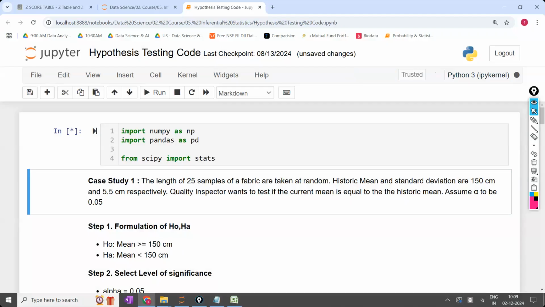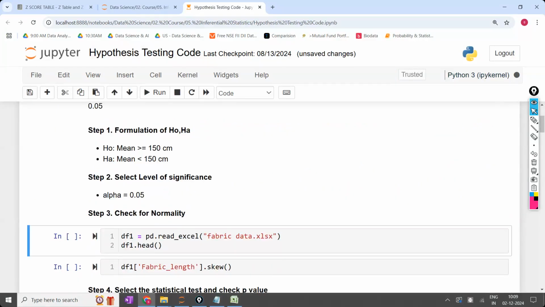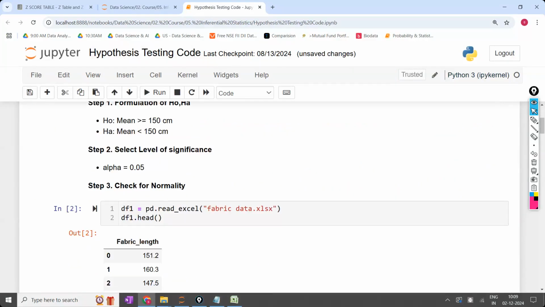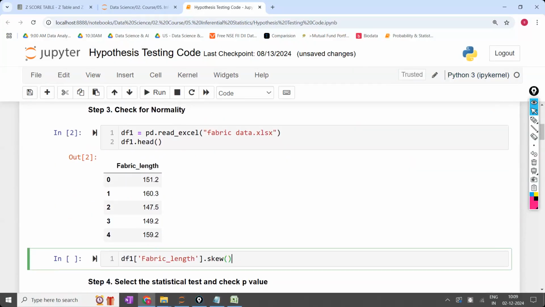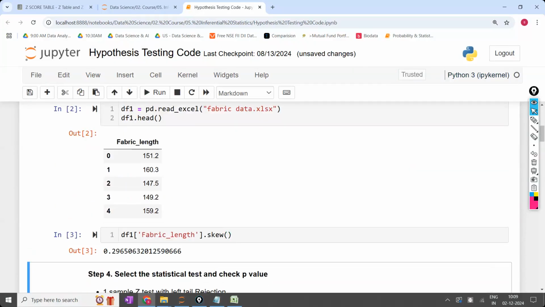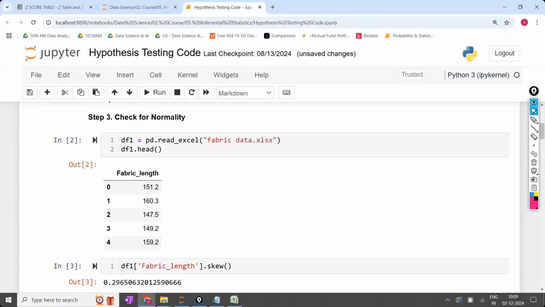After loading the data, I'm going to check the skewness. If the skewness lies between -1 to +1, it is normally distributed. If it is not between -1 to +1, it is either left skewed or right skewed. Now in this case, it is normally distributed.